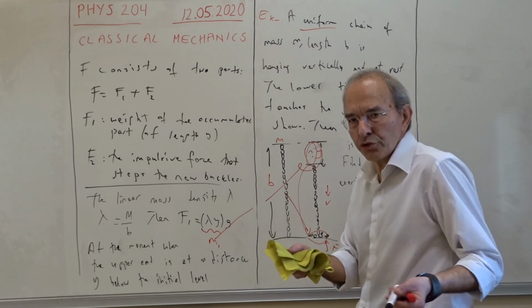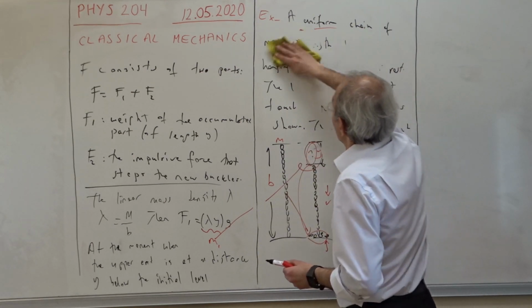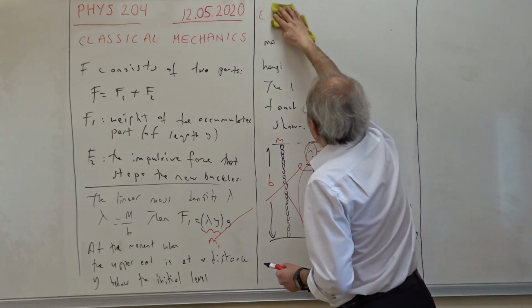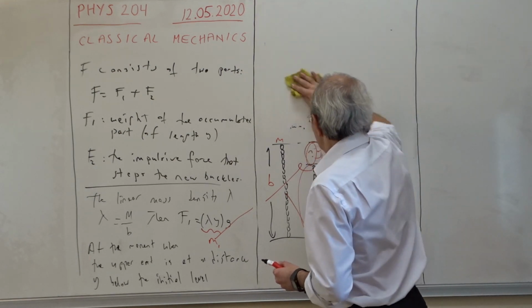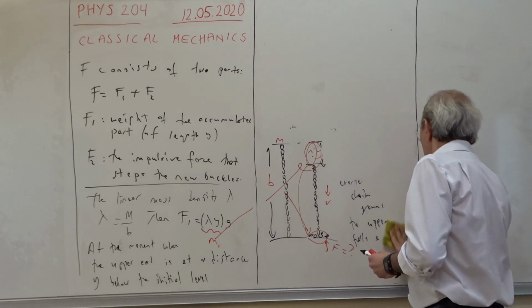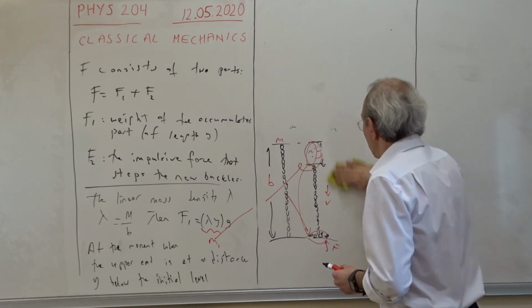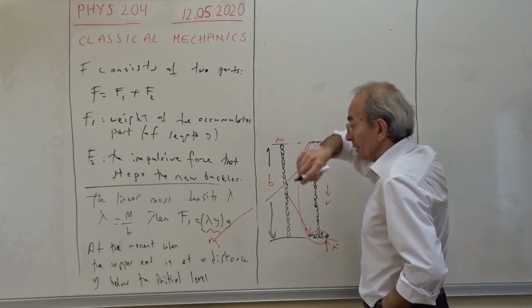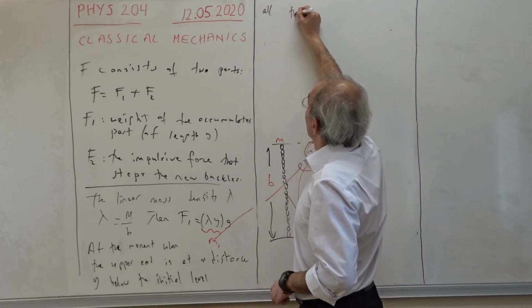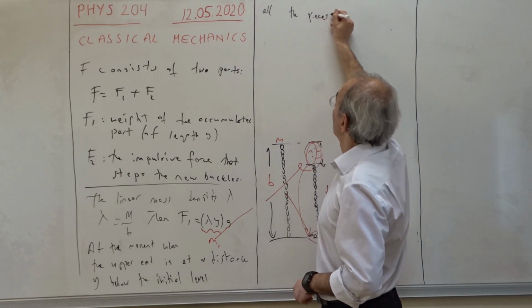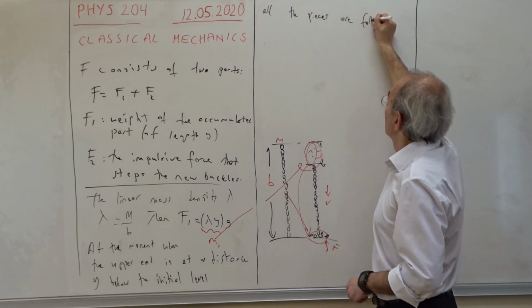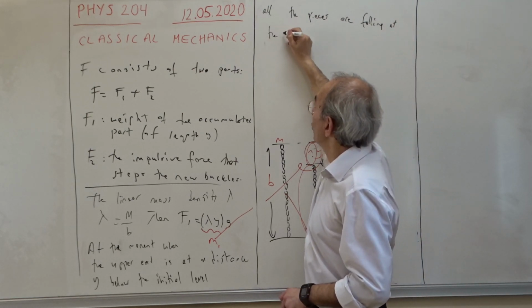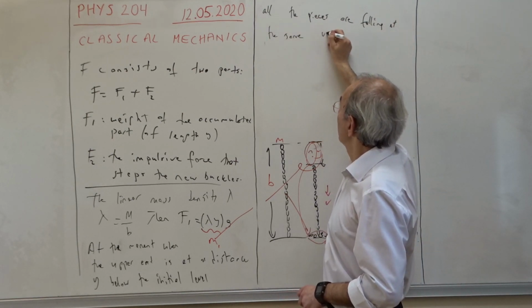and it is easy from energy conservation. From that level, all the pieces are falling at velocity v, at the same velocity.